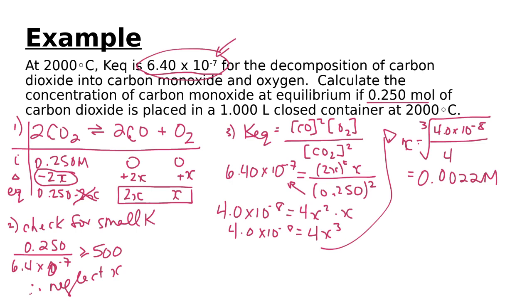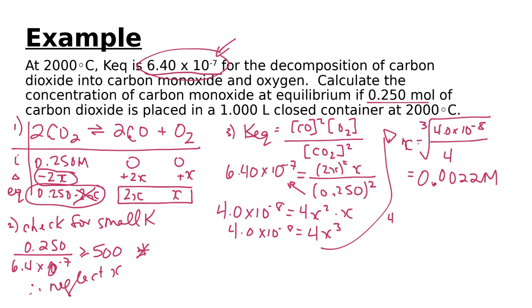So see how small that x term is. The idea is, again, if I took this x term and I came back over here and I subtracted it off of that initial concentration, it's really not going to change my 0.250 molar concentration at all. And this is why we can do this, but only if we check for small K and it falls under this category.